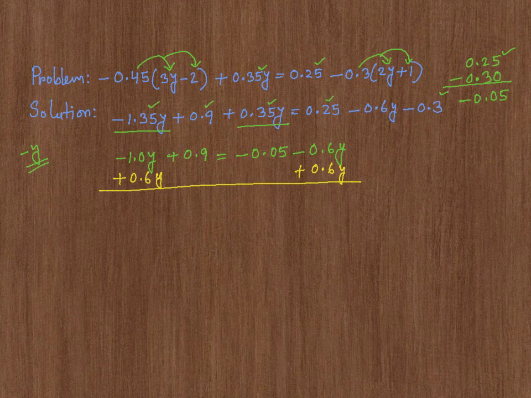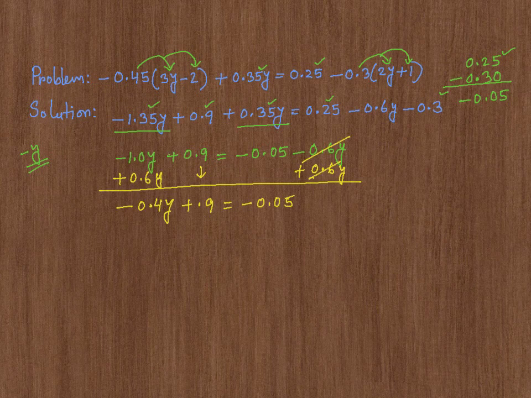That's going to give me negative 0.4y. And then I bring down the 0.9, which is equal to negative 0.05 on the right hand side. And this negative 0.6y and positive 0.6y cancel each other out.